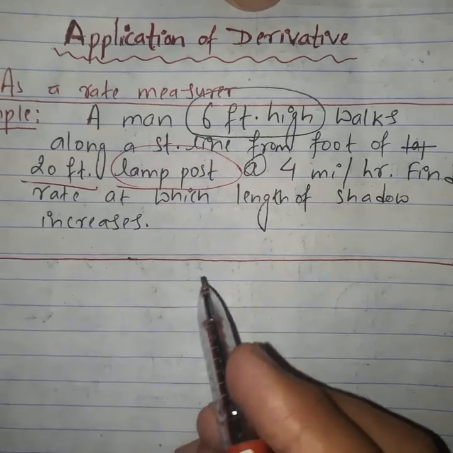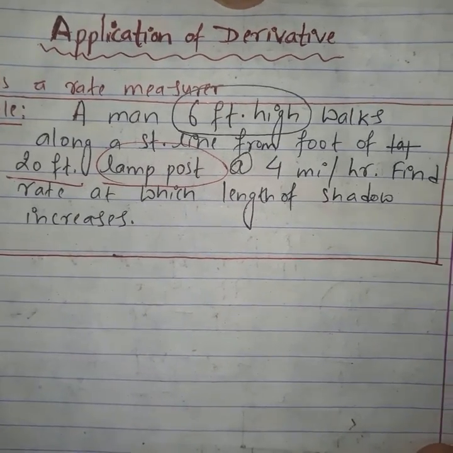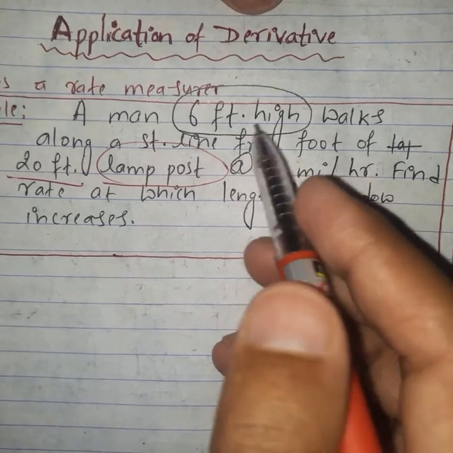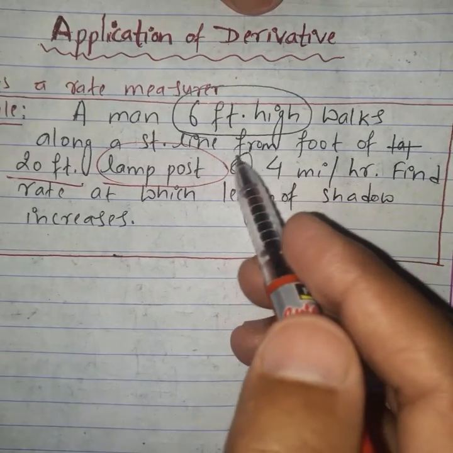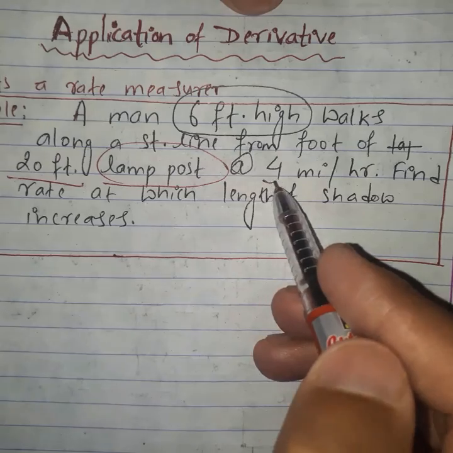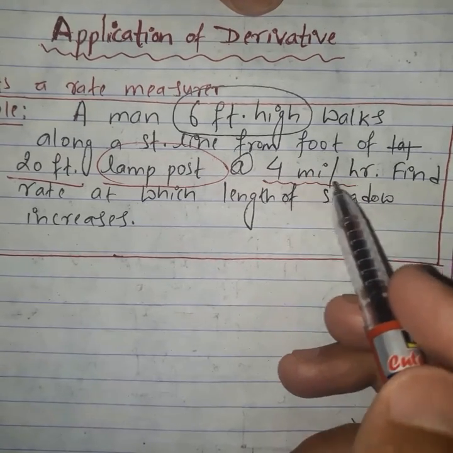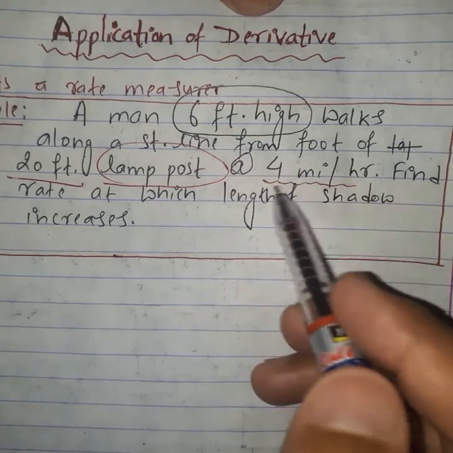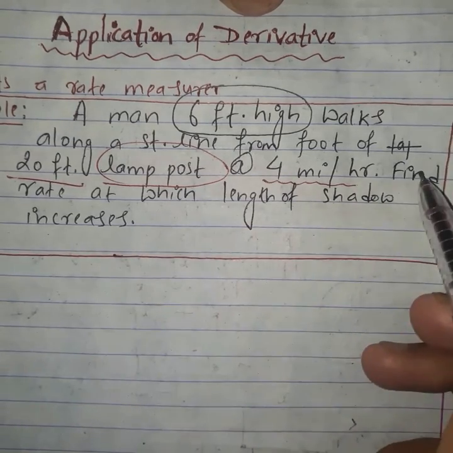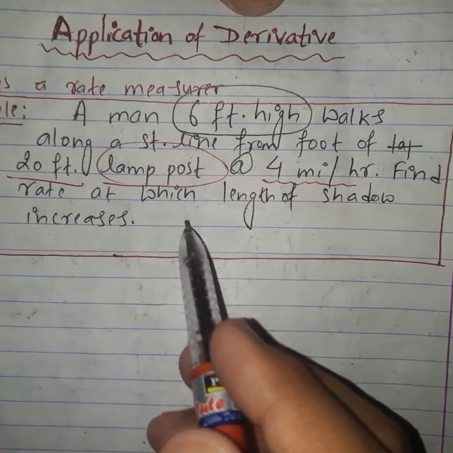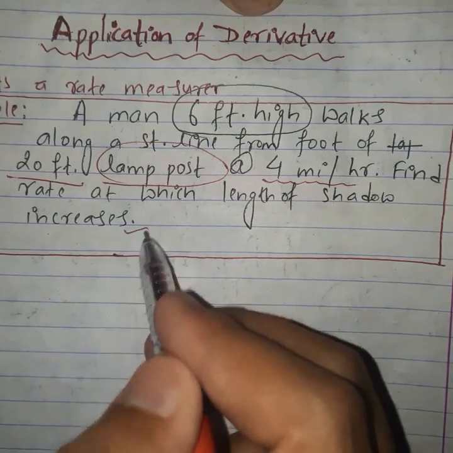The height of the lamp post is 20 feet, and the rate of walking of the man is given as 4 mile per hour. He moves 4 mile in 1 hour. This is the rate. And we have to find out the rate at which the length of the shadow increases.